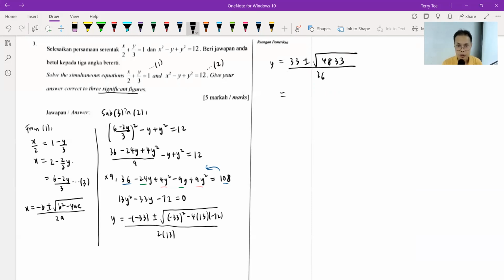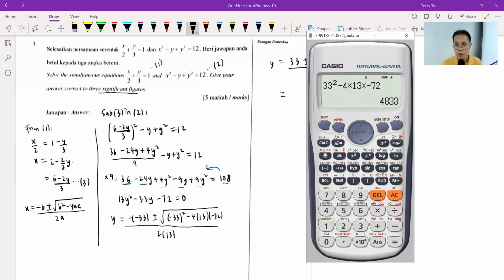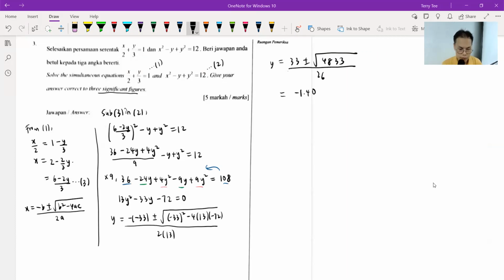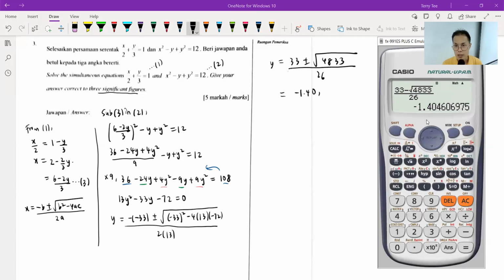Okay, this part here, we'll use our calculator and count. Let's start with the positive negative value first. 4833 over 26. This is negative 1.40. They say three significant figures, so first answer negative 1.40. Right. Second answer, just change the negative here to positive.